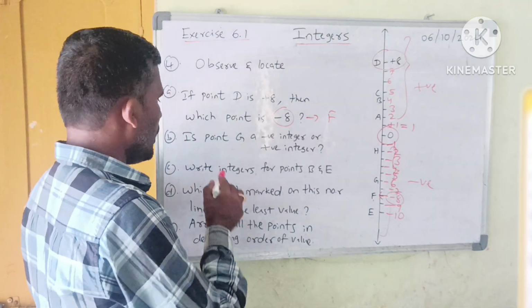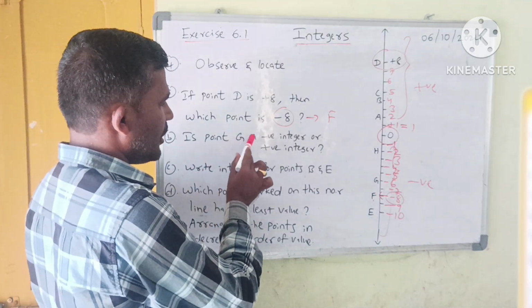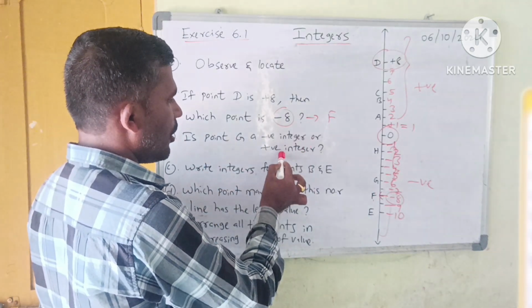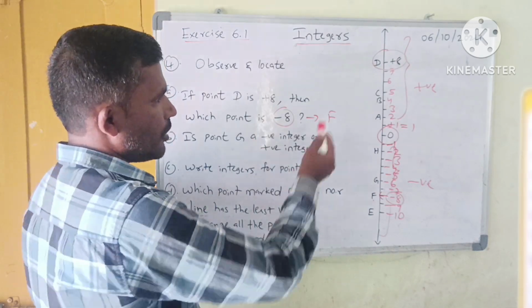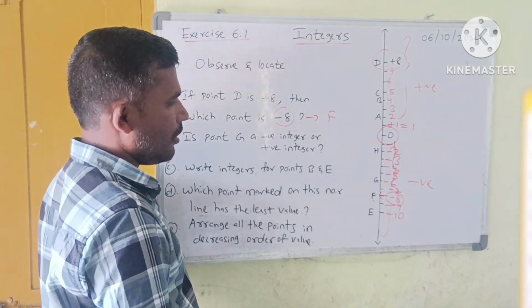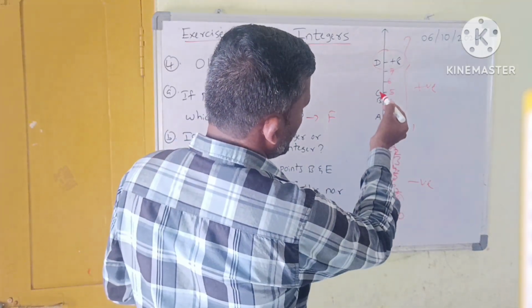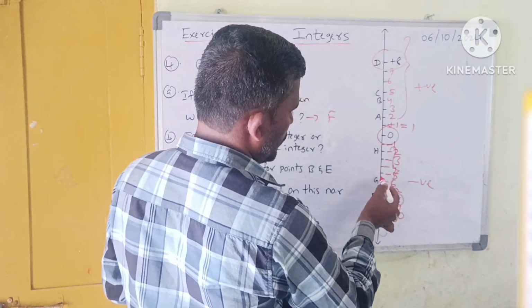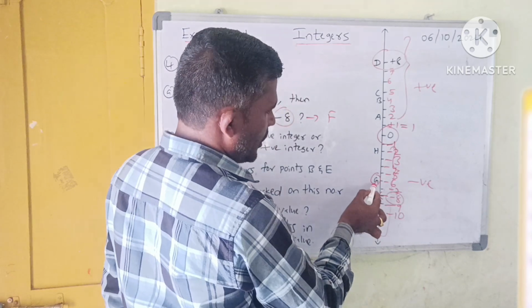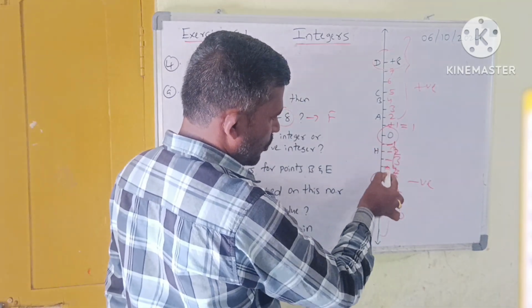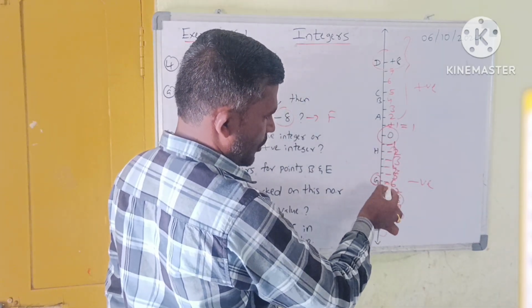Second, is point G a negative integer or a positive integer? In the vertical line in the given figure, where is G? So D, C, B, A, H, G. G is down from 0, down from the origin here.